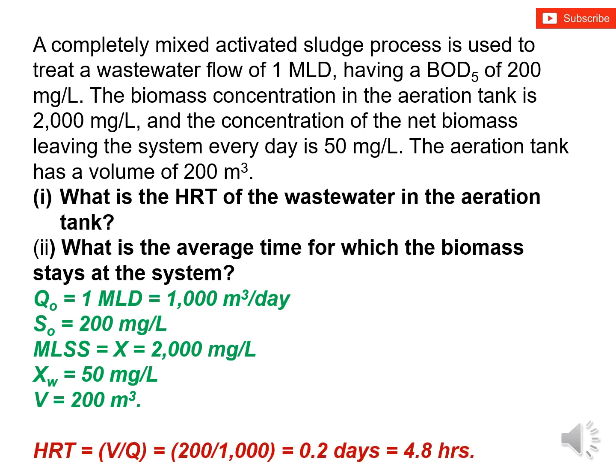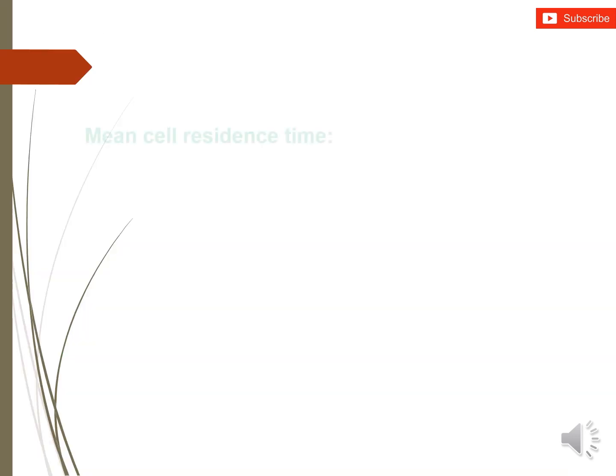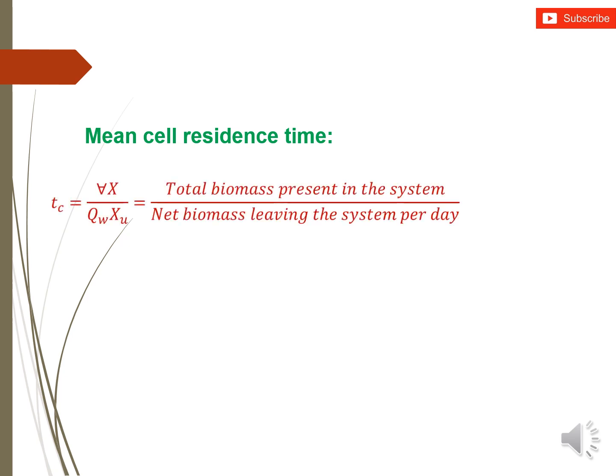So HRT is V over Q, and this will equal 0.2 days, which is 4.8 hours. And then the mean cell residence time, TC, equals V over Vx. Vx actually is the total biomass present in the system, and QWXU is the net biomass leaving the system.